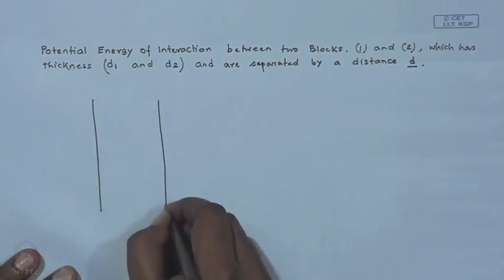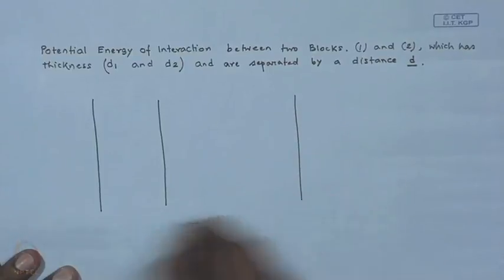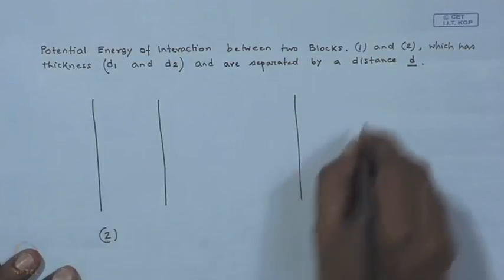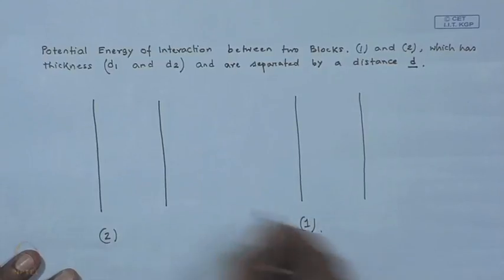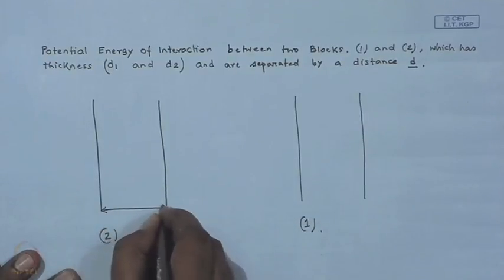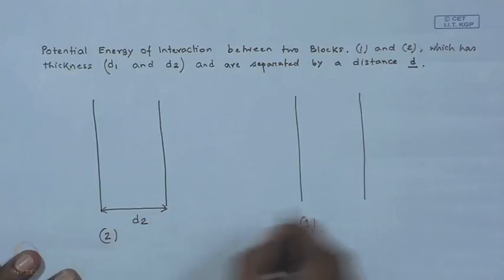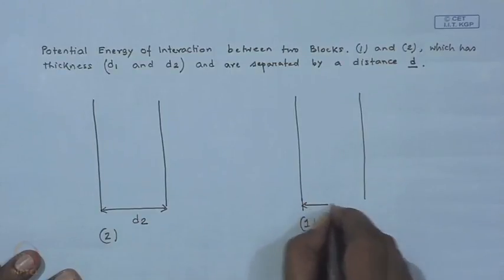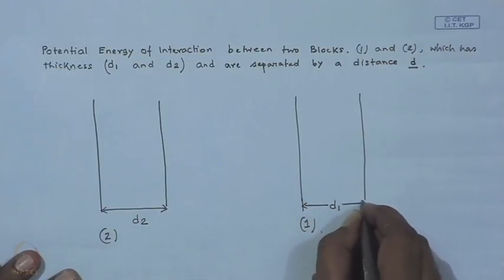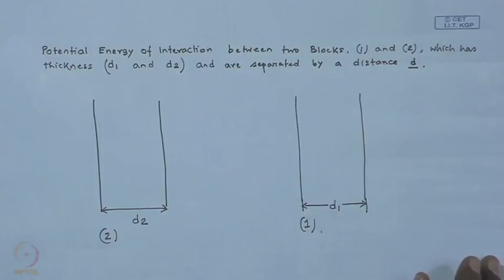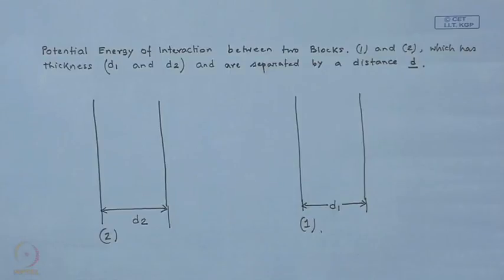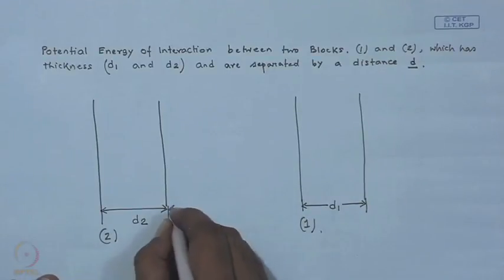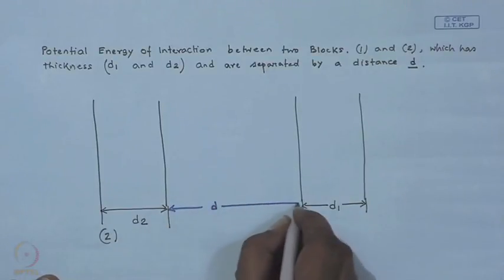So, you have a block, this is block 2, this is block 1. The thickness of this block is d2, the thickness of this block is d1, and these two blocks are separated by a distance d.